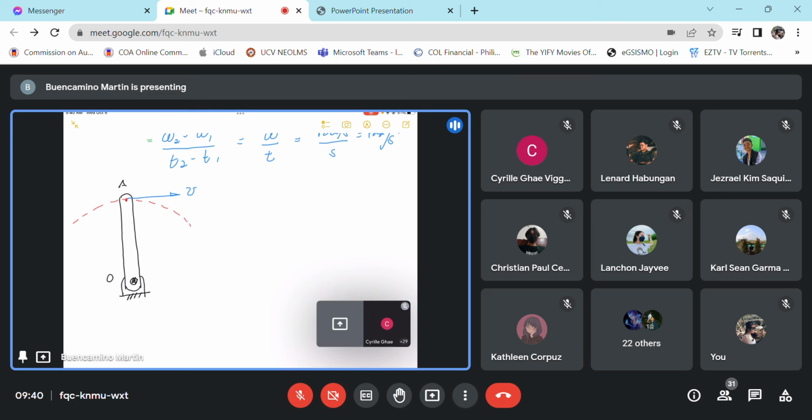So let's have this as nu sub A to indicate that this is the tangential velocity of point A. As point A rotates about point O, there is another description of its motion, which is called linear or tangential velocity. I mentioned that it is linear, and indeed it is, because this nu sub A will describe a straight line in space.